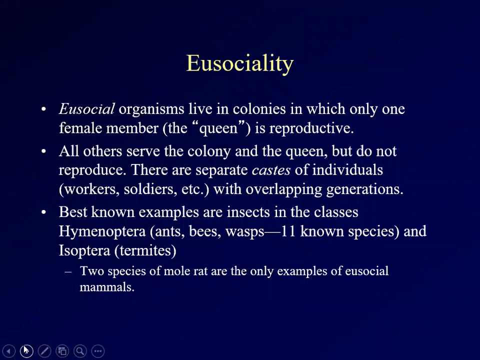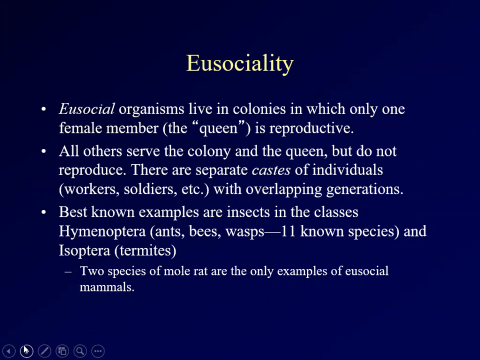Okay. Last thing I want to get into before I start looking at human behavior is eusociality. Eusocial, okay, social, you know what that means. The prefix eu is Greek for good or real or true.